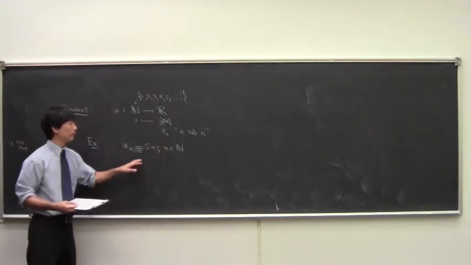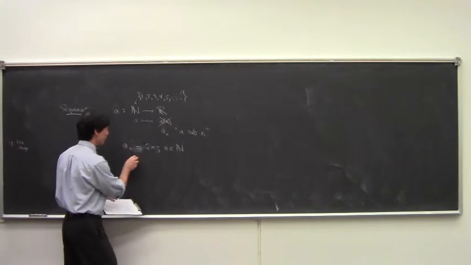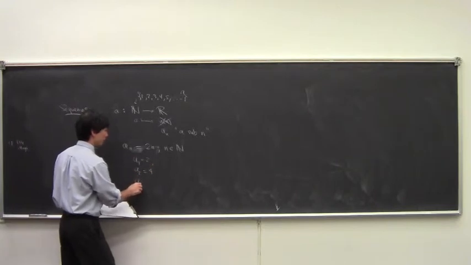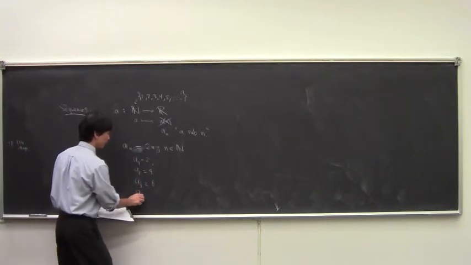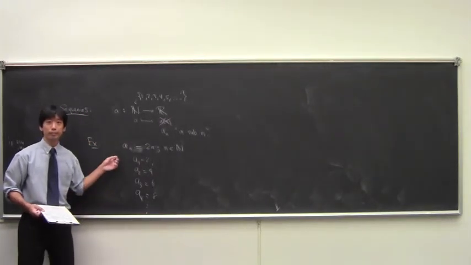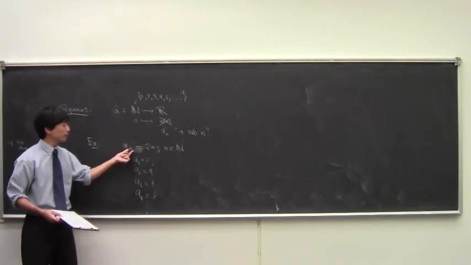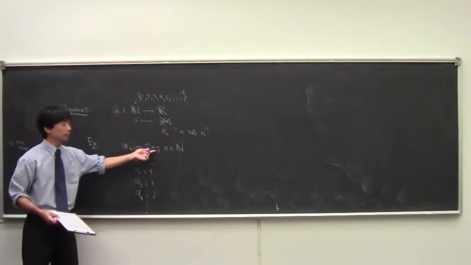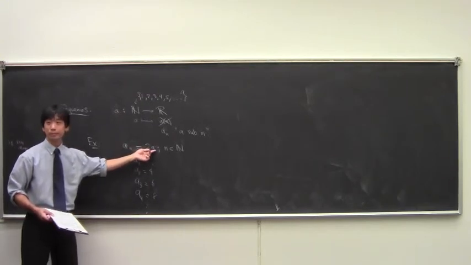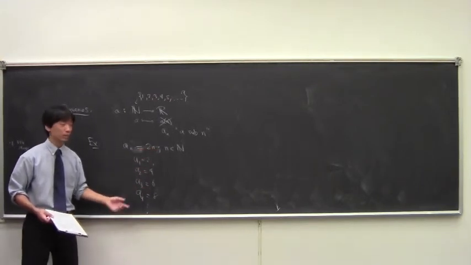So if I write this, what it means is that a1 is 2, a2 is 4, a3 is 6, a4 is 8, etc. This is the guy that takes in a natural number and returns double that natural number. You take 1, gives you 2, takes 2, gives you 4, takes 3, 6, etc.